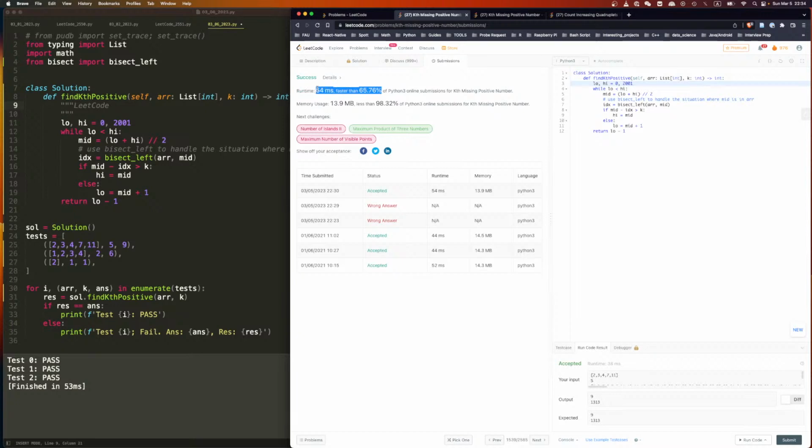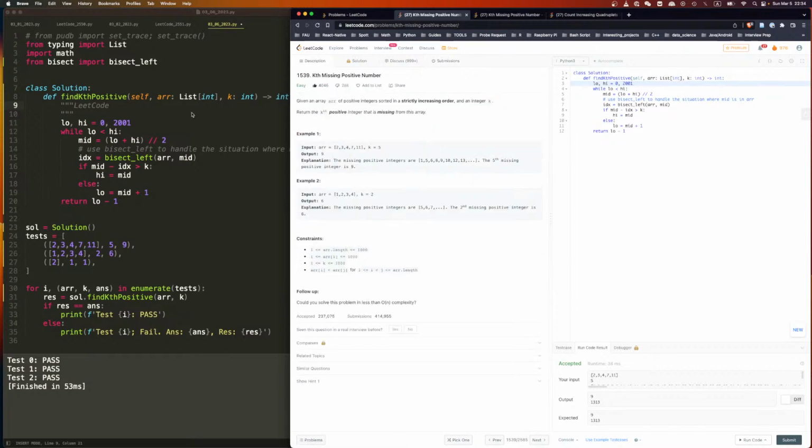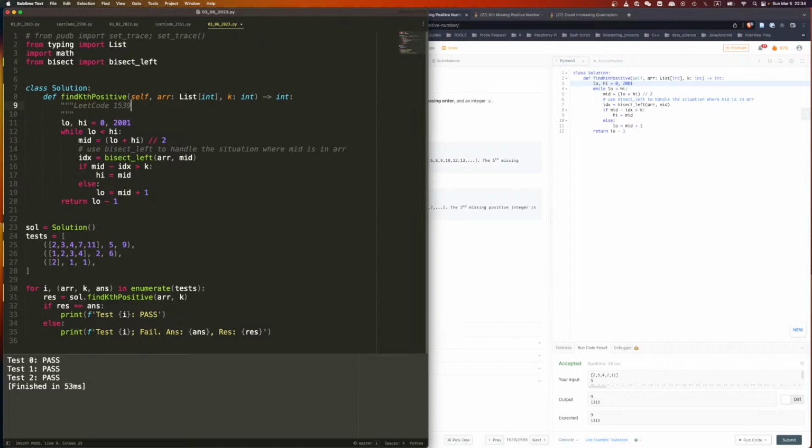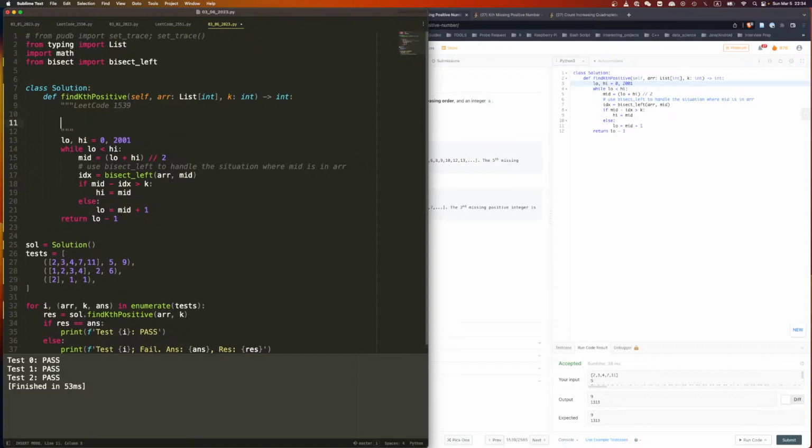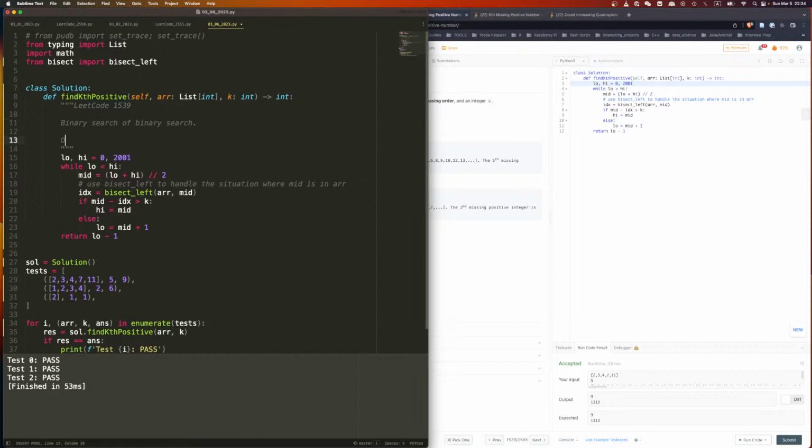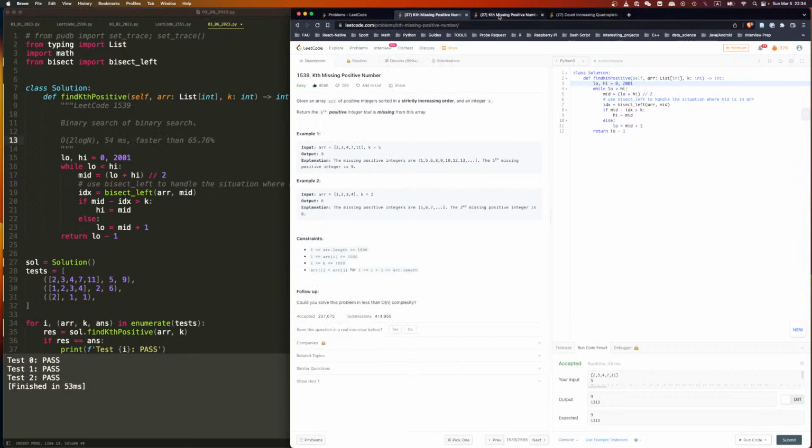That's why it's kind of slow, right? Because it's like log n. Binary search of binary search, 2 log n.